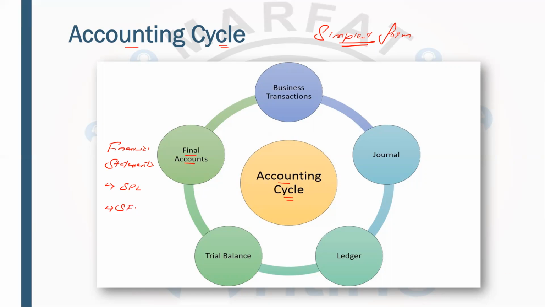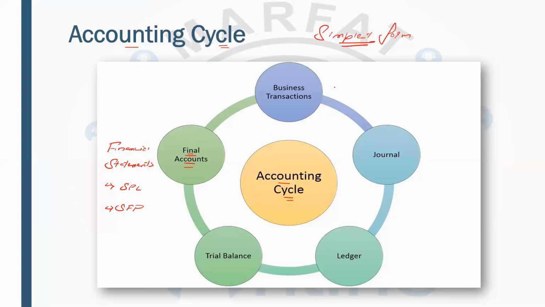Such as the statement of financial position, it shows the assets, liabilities, and capital of the company. Ultimately, we will be making the final accounts for the shareholders. But these final accounts are made in a stepwise approach, which is known as the accounting cycle.